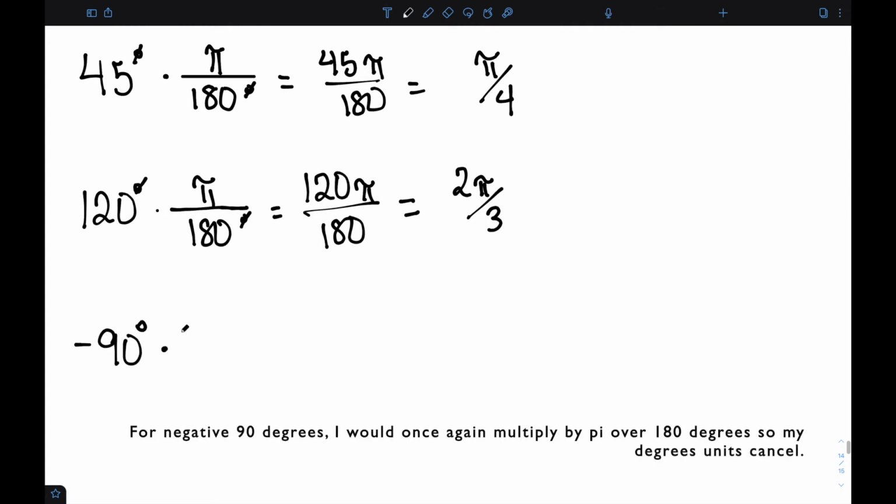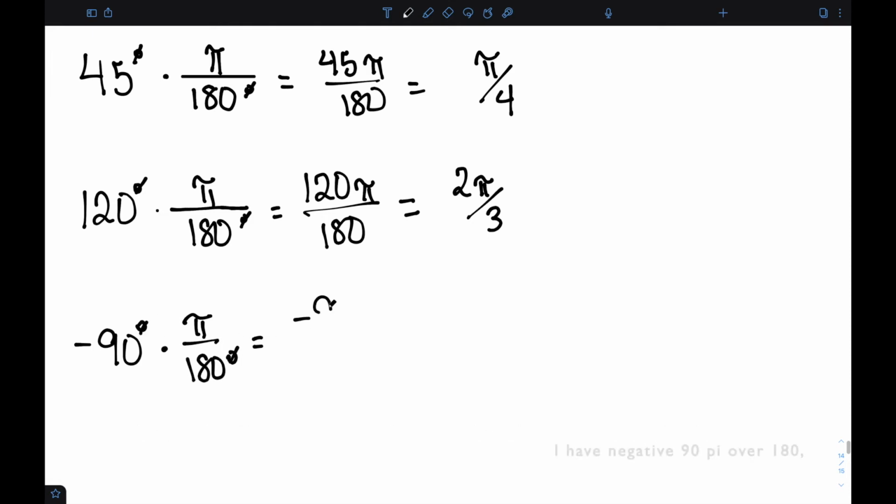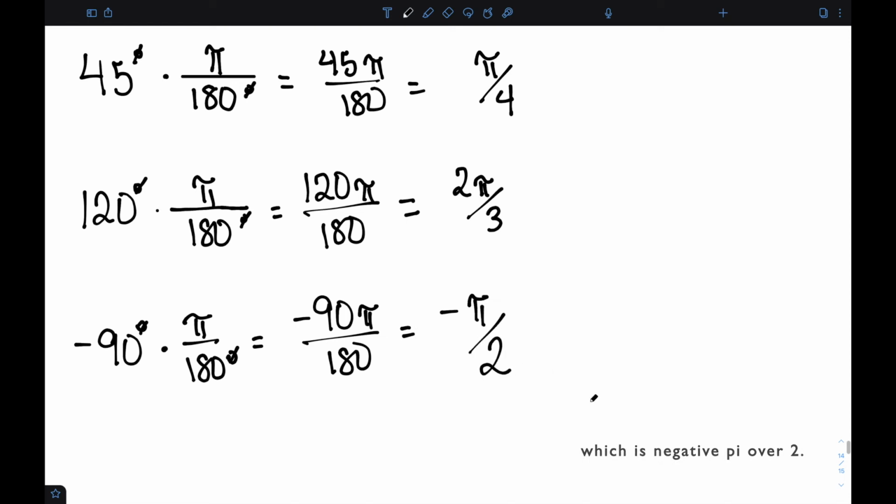For negative 90 degrees, I would once again multiply by pi over 180 degrees so that my degrees unit would cancel. I have negative 90 pi over 180, which is negative pi over 2.